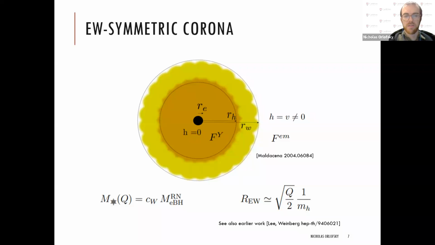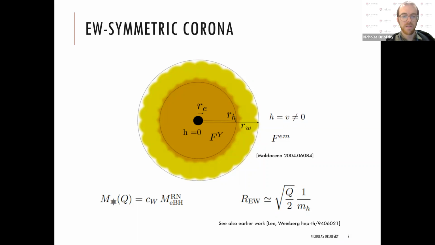The other thing to note is that because of the electroweak symmetry restoration, in the interior here, the U1 Y force, the hypercharge force, is the one that's the most relevant, right? As opposed to the EM force, which is this mixing between SU2 and U1. So that gives some small correction actually to the mass.